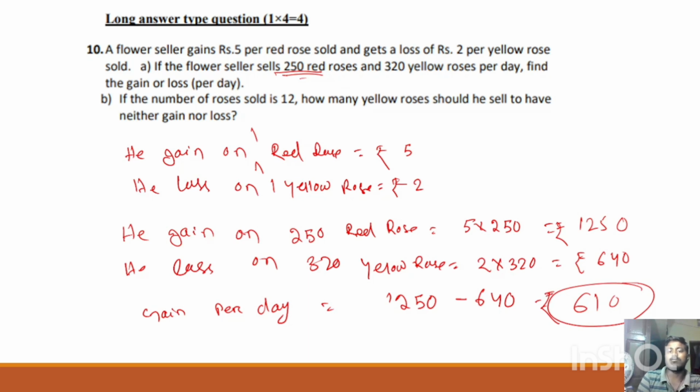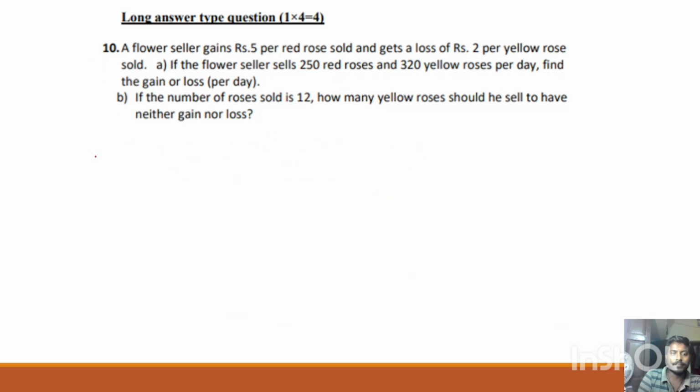Okay, now B number. If the number of the red roses sold is 12, then how much will he gain? Now 12 into 5, that is 60 rupees. Okay, now how many yellow roses should he sell to have neither gain or loss?